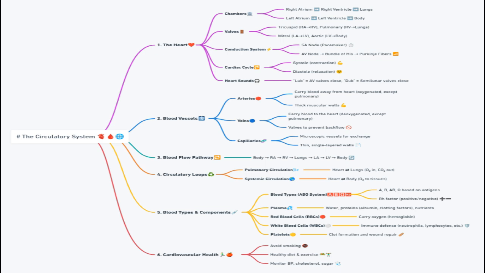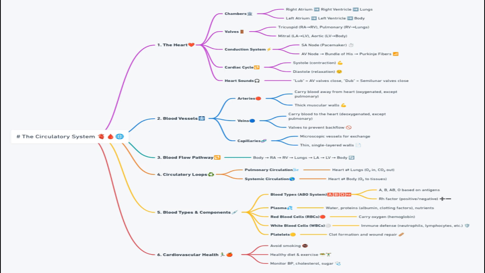And with heart homeostasis, the effects of blood pressure: baroreceptors monitor the blood pressure, and chemoreceptors monitor the effects of pH, carbon dioxide, and oxygen.